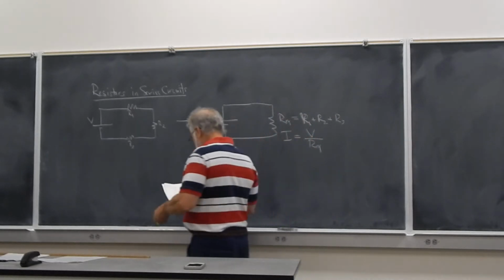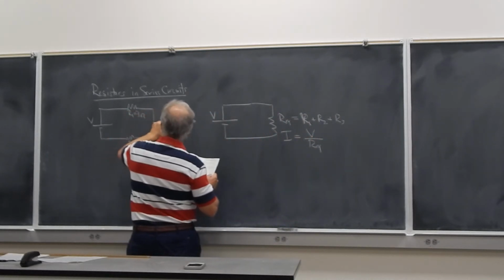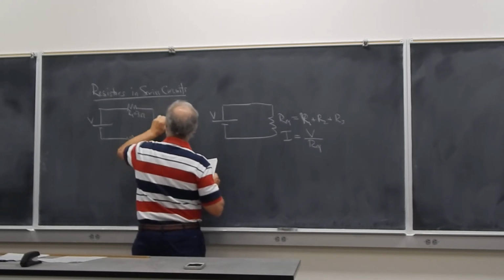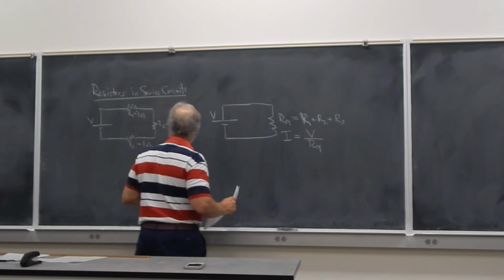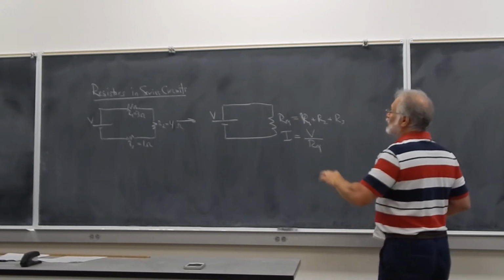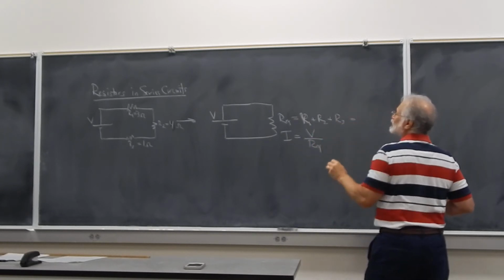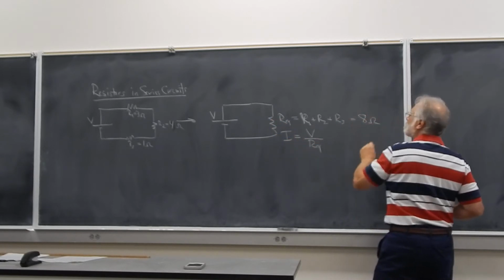So just as an example, let's say that R1 is equal to 3 ohms, R2 is equal to 4 ohms, and R3 is equal to 1 ohm. In this case, the equivalent resistance would be the sum of the resistances, so 3 plus 4 is 7 plus 1 is 8 ohms.